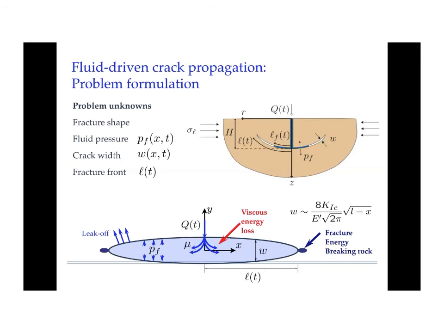One will be viscosity-dominated, when the fluid is injected at a high rate or viscosity is large, and a toughness-dominated regime where the fluid viscosity is small, like water, for example, and the most energy is spent to actually break the rock, like in a large fracture toughness case.